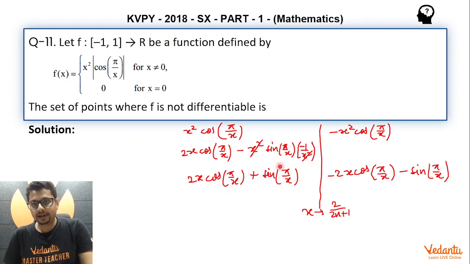Now if it is 1 here, it will be minus 1 here. Why? Because if this is 1, minus times 1 is minus 1. And if this is minus 1, then minus of minus 1 becomes plus 1. And anyway, the cos terms are 0, because cos of an odd integral multiple of pi by 2 is 0. So the left-hand derivative and right-hand derivative would be 1, minus 1, or minus 1, 1 respectively.